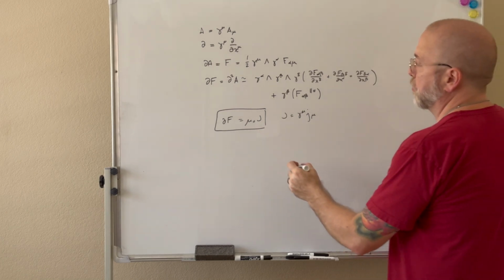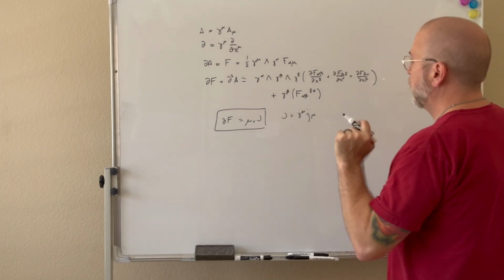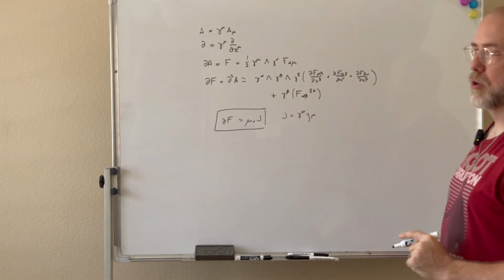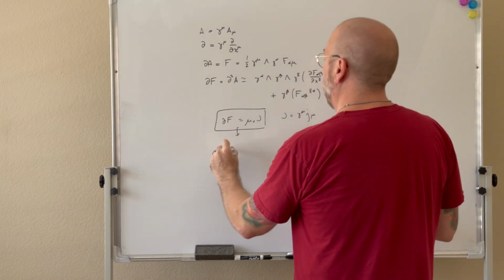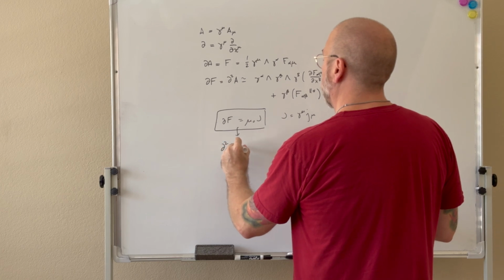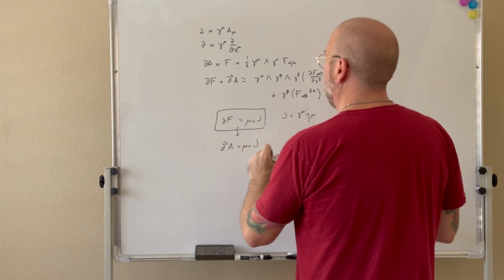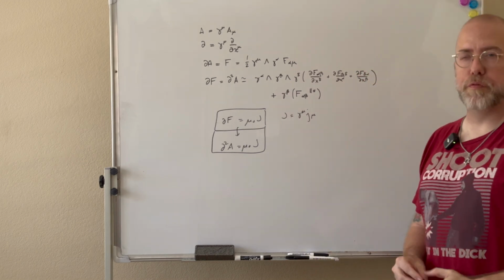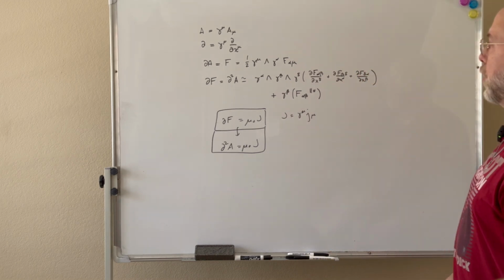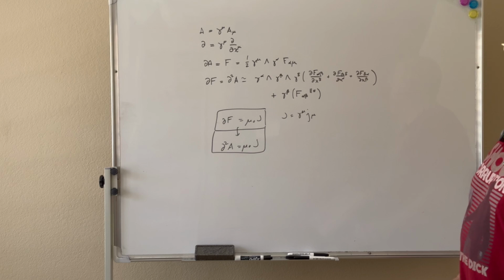So all of Maxwell's equations in curved spacetime is this one singular equation, which, if you really want to work with A, reduces to this. That's Maxwell's equation. Okay, so that's fun with Clifford algebras for R4 for spacetime.